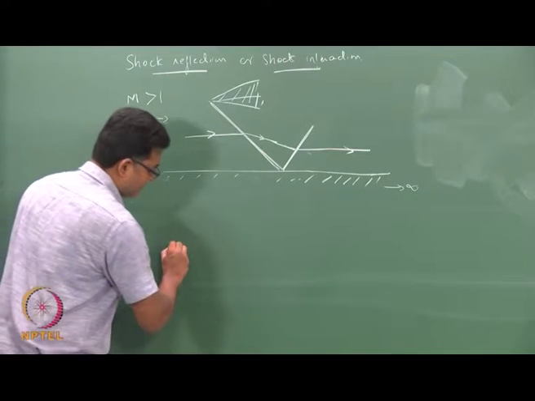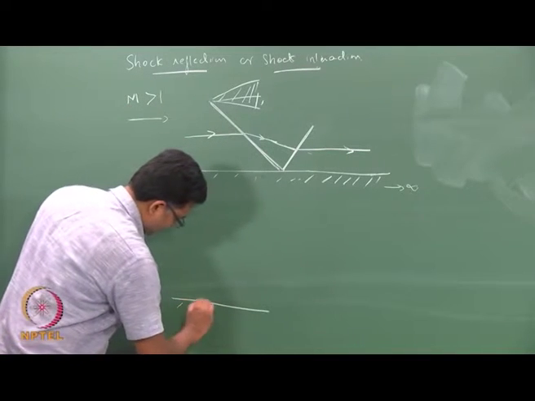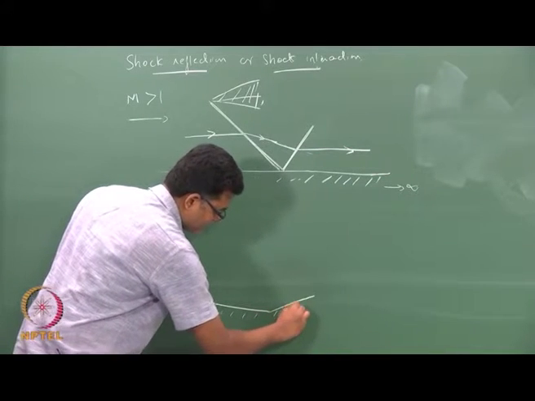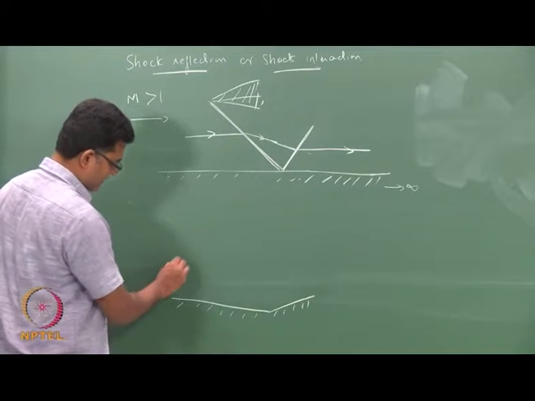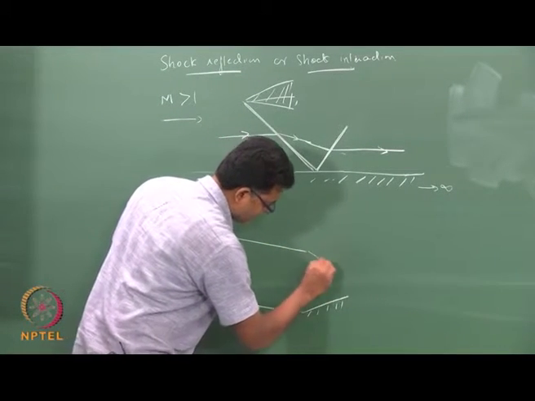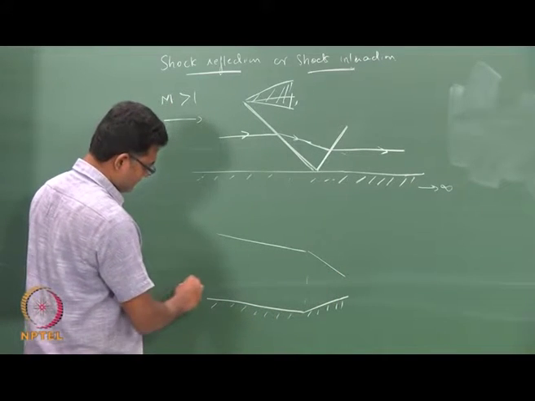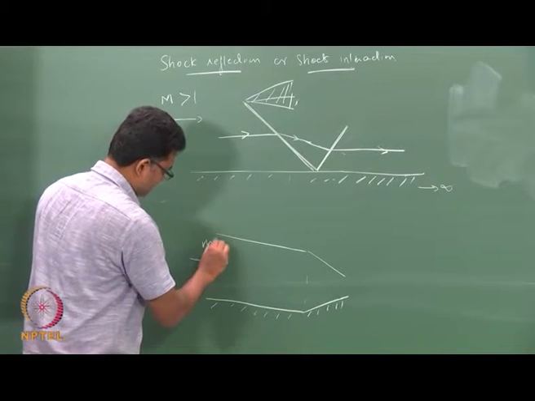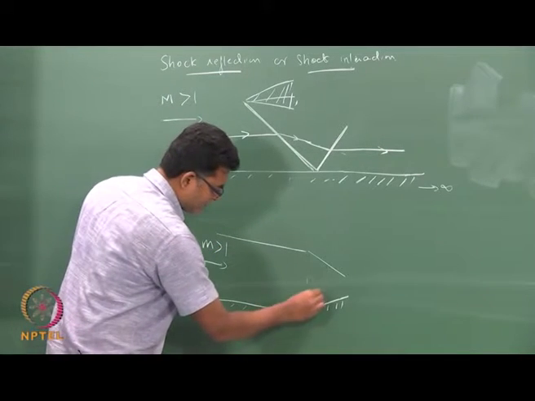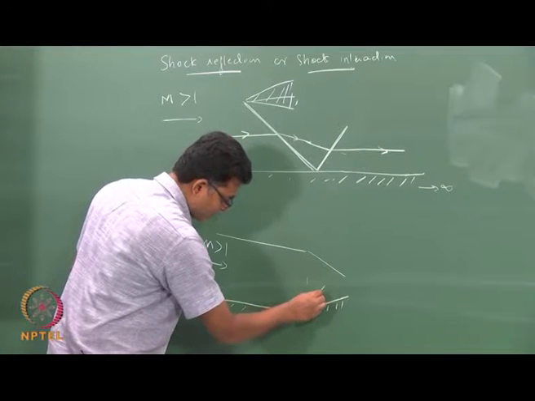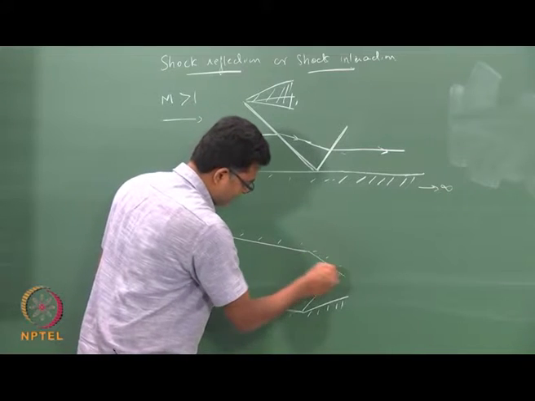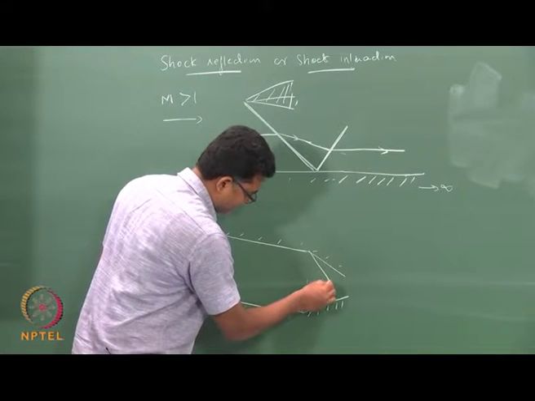Or if I have a channel which suddenly reduces in area, so if I have a channel like this, the incoming Mach number is greater than 1. Because of this there will be an oblique shock formed here, and because of the top surface there will be another oblique shock that forms here.